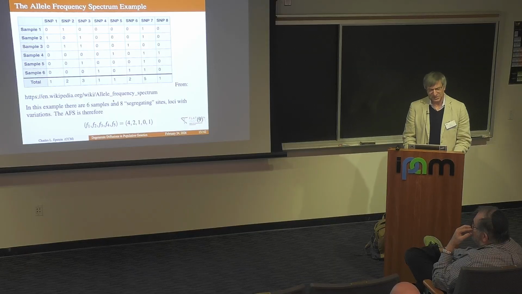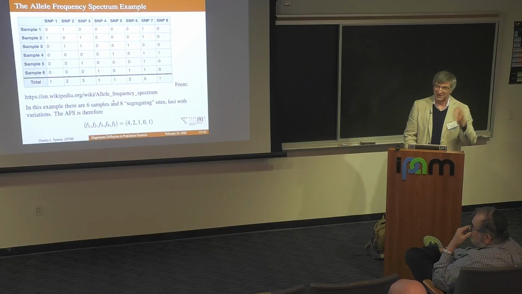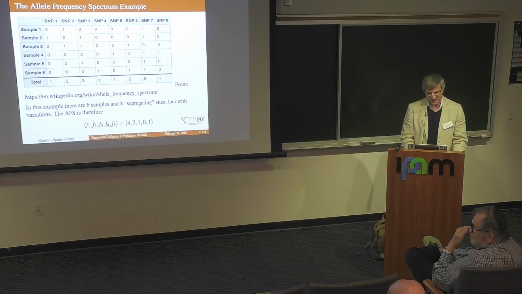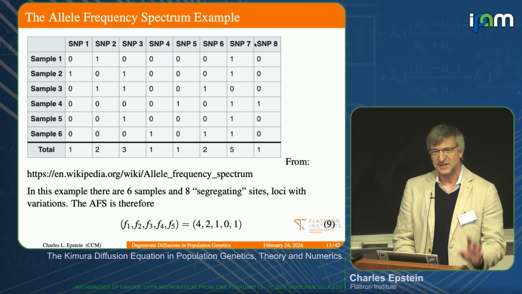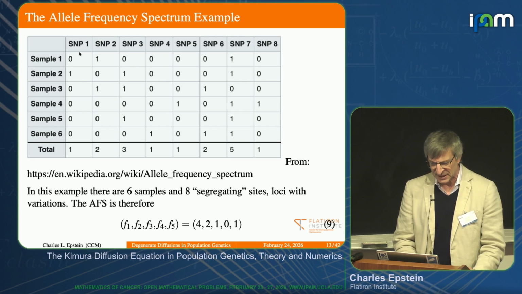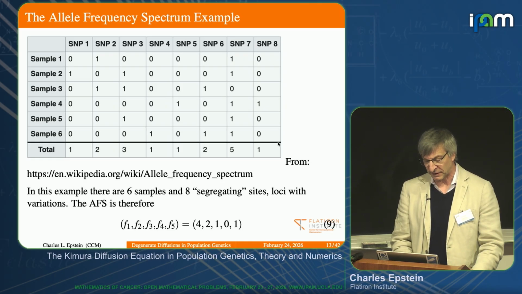Here's an example, because I find the allele frequency spectrum an incredibly difficult thing to think about. Here we have 6 samples, and we've found 8 sites that are variable. We're just thinking about single nucleotide polymorphisms. As we see, there's 1 sample with that one, 2 samples with that one, 3 samples with that one, and so on. From these 6 samples, there are 8 segregating sites, 8 places where there's variability.